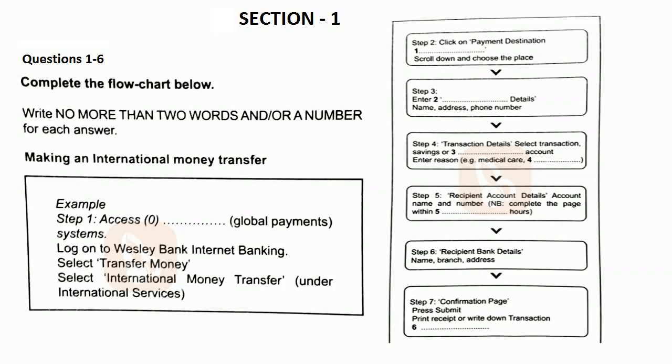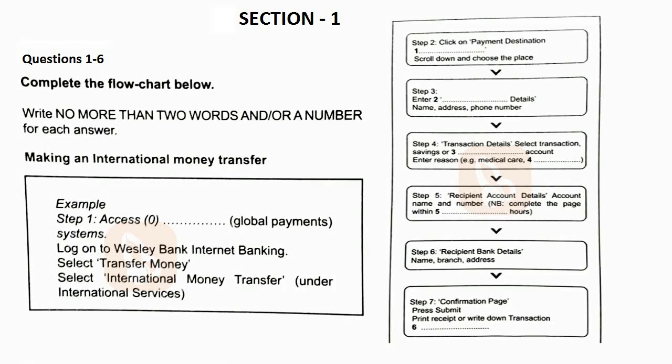Wesley Bank, how can I help you? Oh, hi. I want to know how to send money to my family overseas. No problem. If you have access to the internet, I can guide you through the process of how to use our global payment system. That's great. I'm online now. Good. First, you have to log on to Wesley Bank Internet Banking and select Transfer Money. Okay.